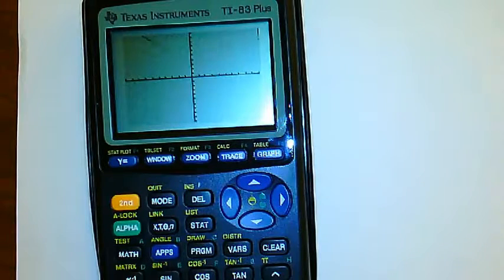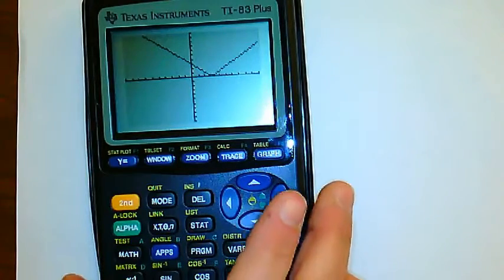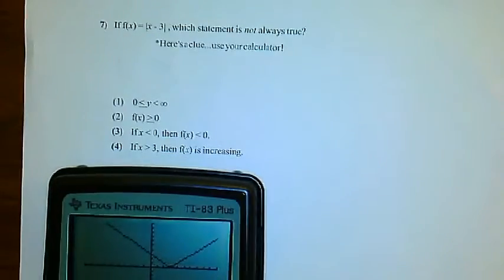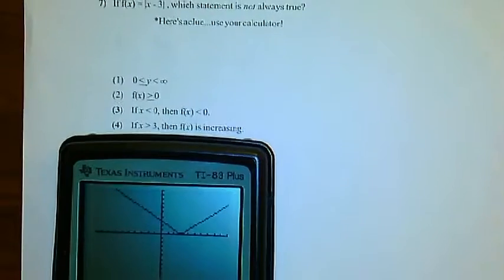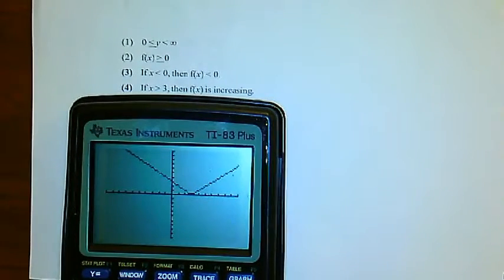So now we just need to look at the graph, and we need to answer these questions. We want to know what is not true. So the first thing it says is 0 is less than or equal to y.